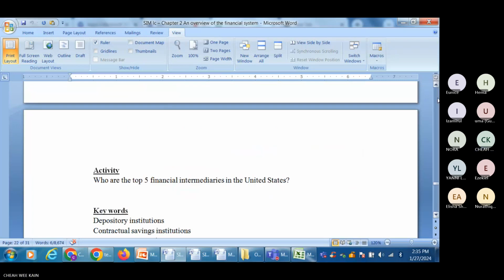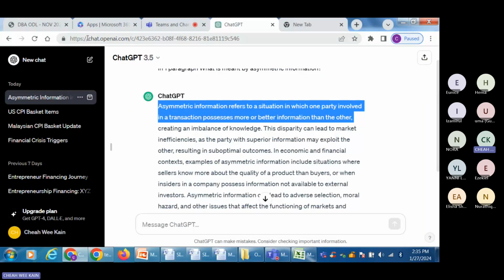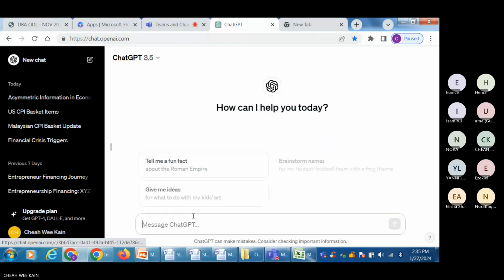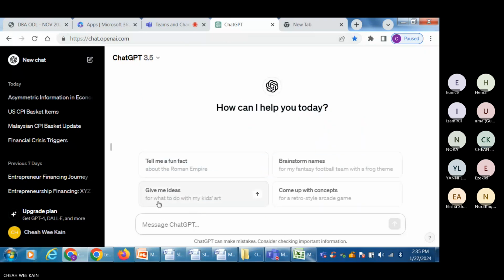What's the question here? Who are the top 5 financial intermediaries in the US? I think not so relevant for you in Malaysia, but it's good to have general knowledge. Okay, so type a new chat, in one paragraph. If you don't put that, it might come out sometimes as 5 pages.